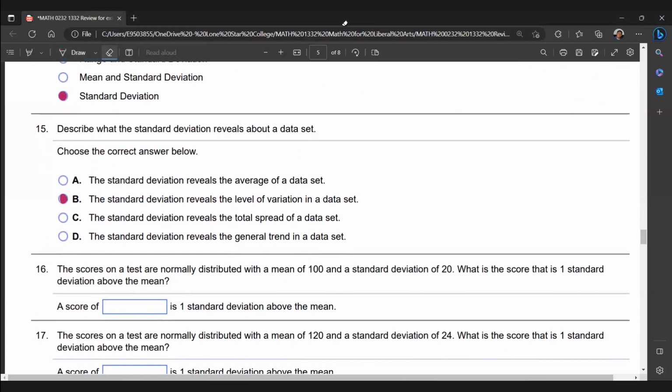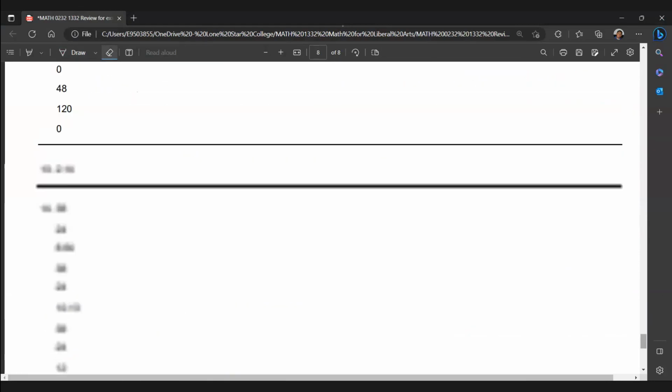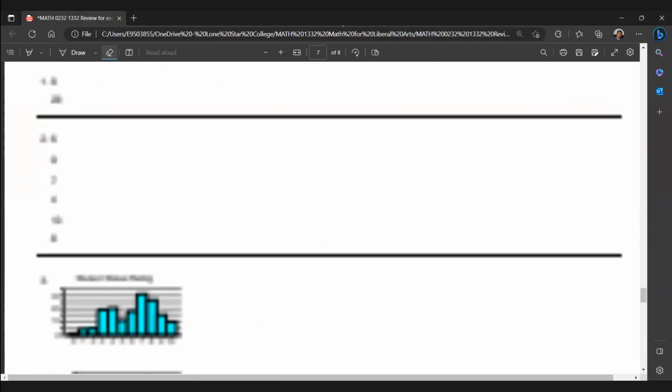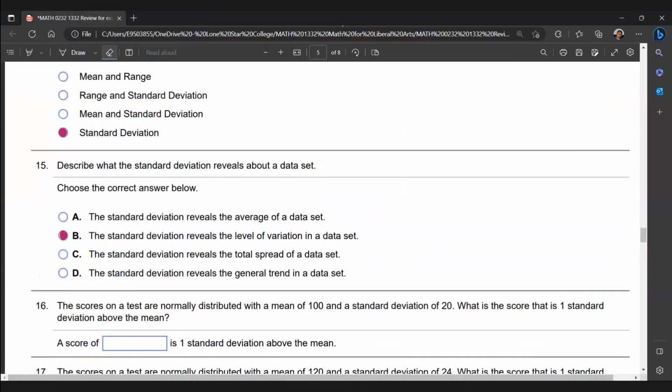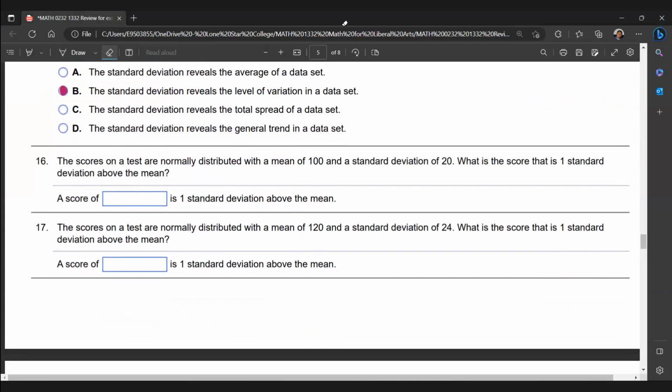Okay, we're gonna check on this. Yes, the level of variation, yes. All right. 16. The total spread, that will be the range. And the average, this is the mean.